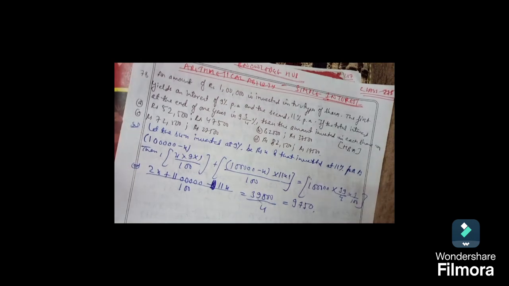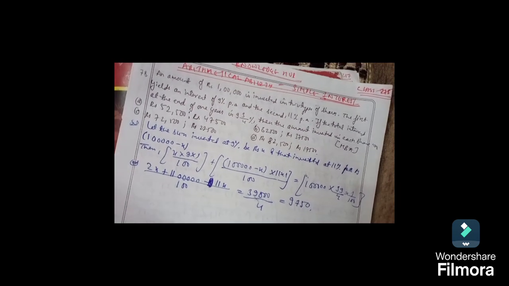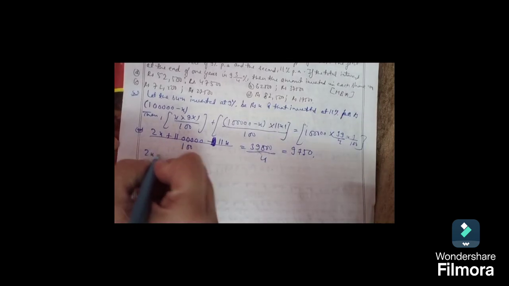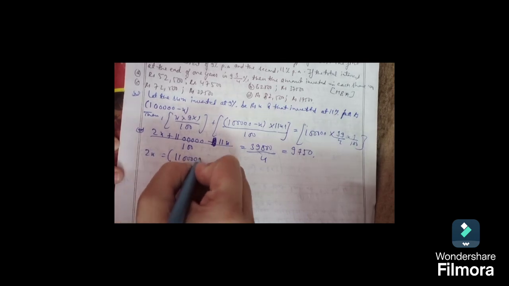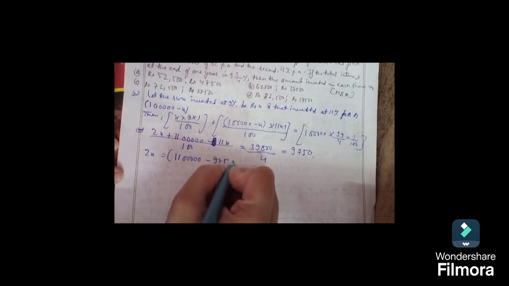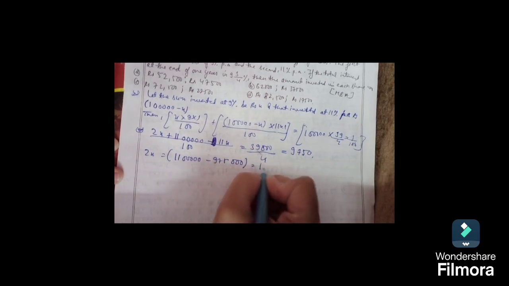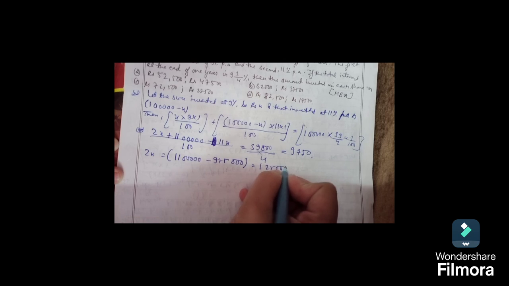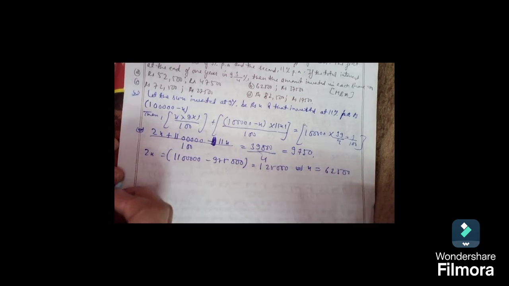Now further we go. Two x equals 11 lakh minus 975,000 equals 125,000, which gives x equals 62,500.